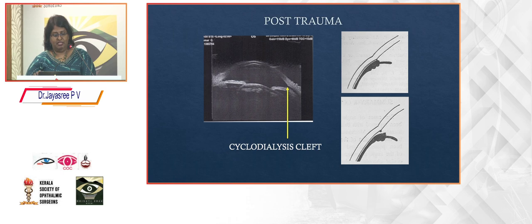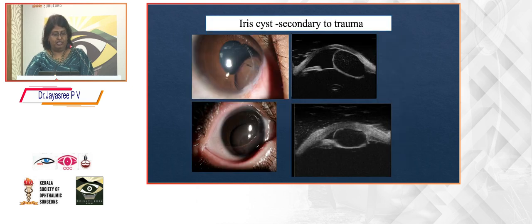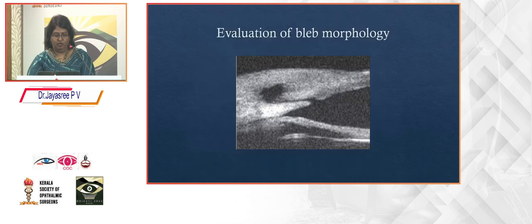Sometimes gonioscopy might be a little dicey, in the sense that some anterior portions will be covered with PAS, and behind that the cyclodialysis will be there. So it is very important to do a UBM, especially post-trauma if you have hypotony, even post-surgery also. Also, to see the extent of an iris cyst, whether it is extending onto the ciliary body can be seen.